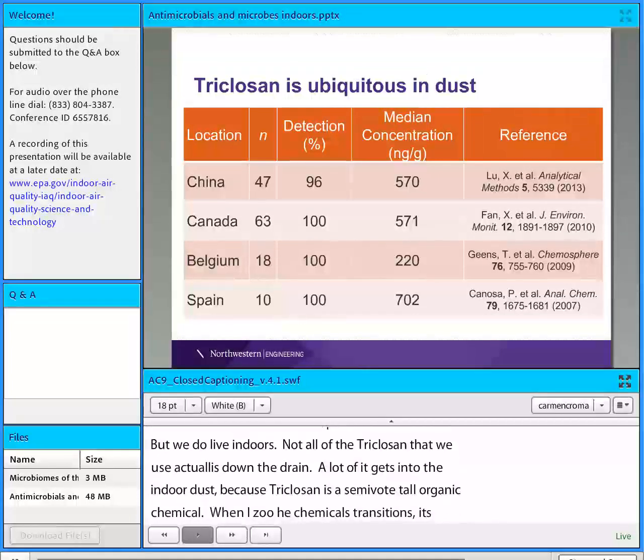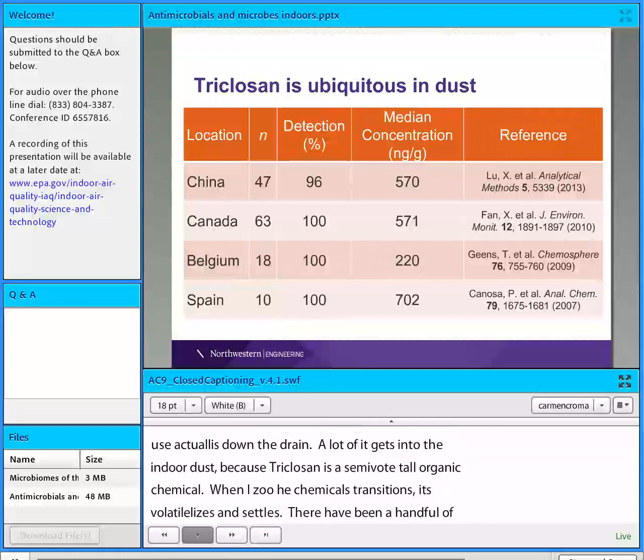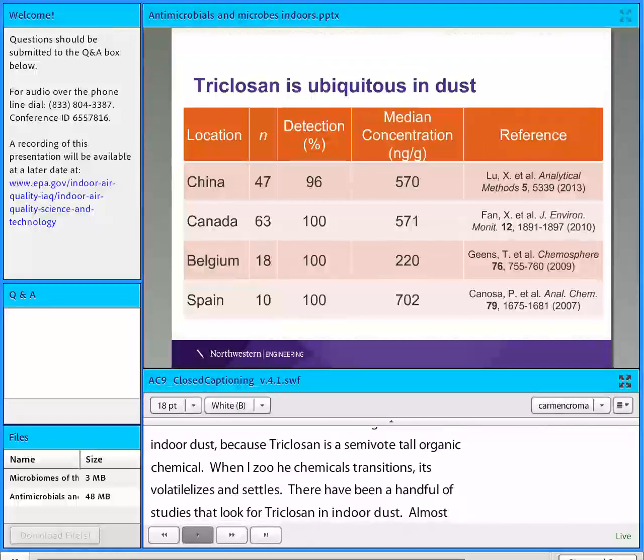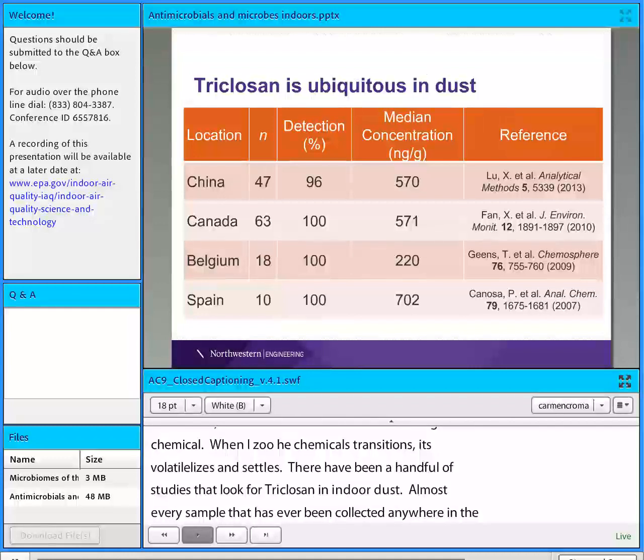So there have been a handful of studies that looked for triclosan in indoor dust, and almost every sample that has ever been collected anywhere in the world has had concentrations of triclosan in it that approach what we find in wastewater treatment plants. So this is, again, very concerning.